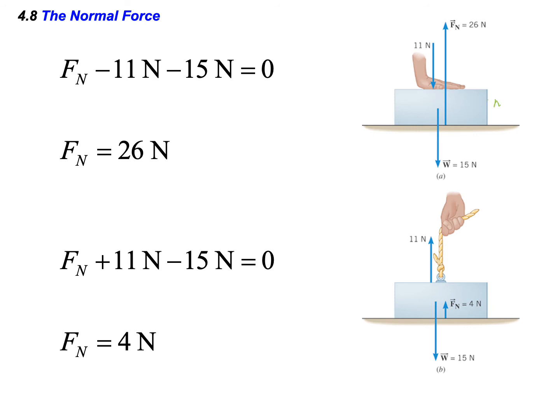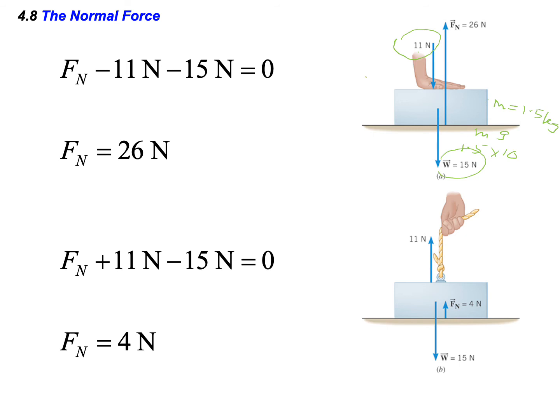So this is an example in your textbook. I think the mass is like 1.5 kilograms. Because of this mass, we know a weight force W, which is equal to 1.5 times 10. This is mass, this is gravity. You get 15 Newton. So in addition, you push this brick in the downward direction with another force of 11.